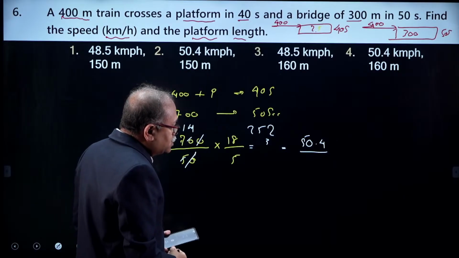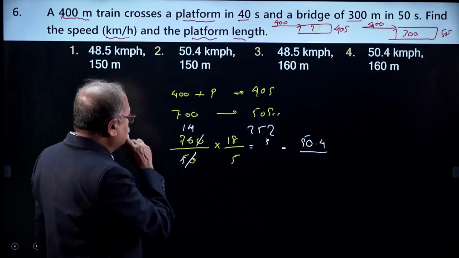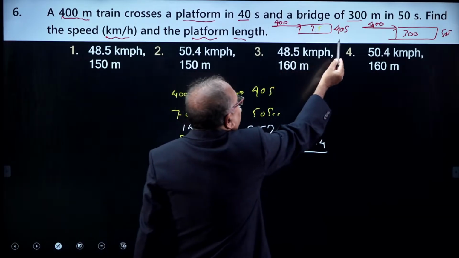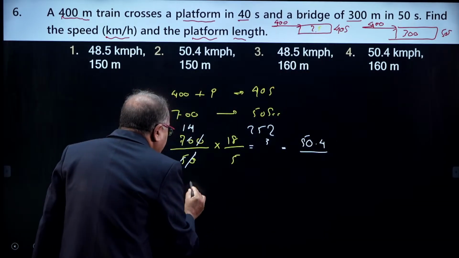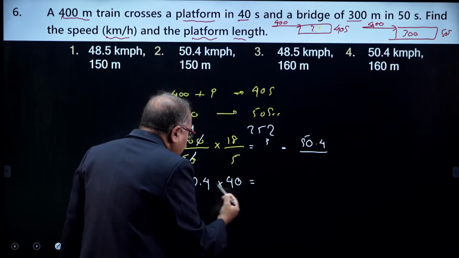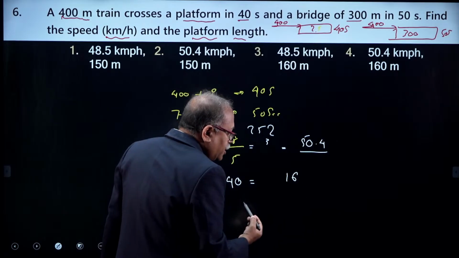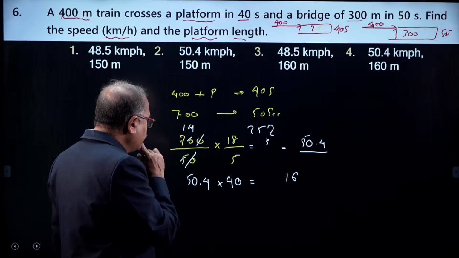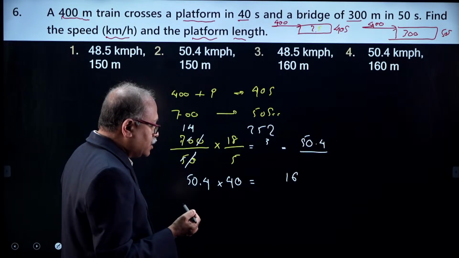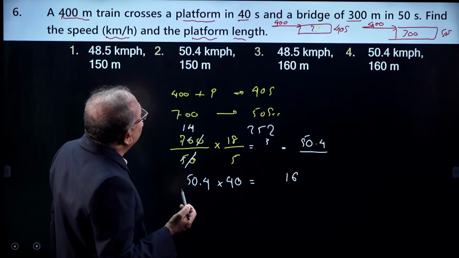What I need to know is the distance here. So, 50.4 into 40, I get 4 4s are 16 carry 1, and 4 5s are 20. Am I getting that part? I am making a little mistake over here.